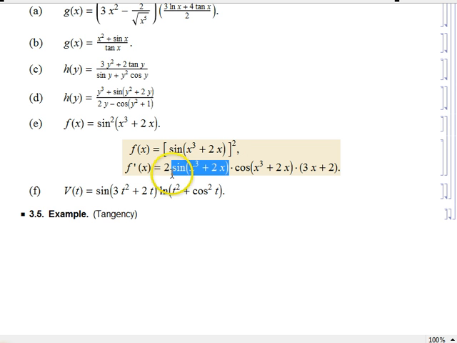And then the derivative of the next inside function, sine becomes cosine. And then, using the chain rule again, the derivative of the inside, 3x squared plus 2. Tricky, but here it is. Make sure whenever you have sine squared or cosine squared or tangent to the third power or something like that, it's going to be the power function all the way out. Remember that, please.